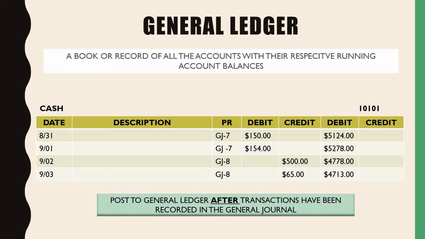By me making my second transaction, where I increased my account by $154, my balance has now also increased to $5,278. So it increased by the value that I've journalized it for. This is going to come into play, especially when we do our fictitious business. So for now, I just need you to understand the difference between a journal and a ledger.